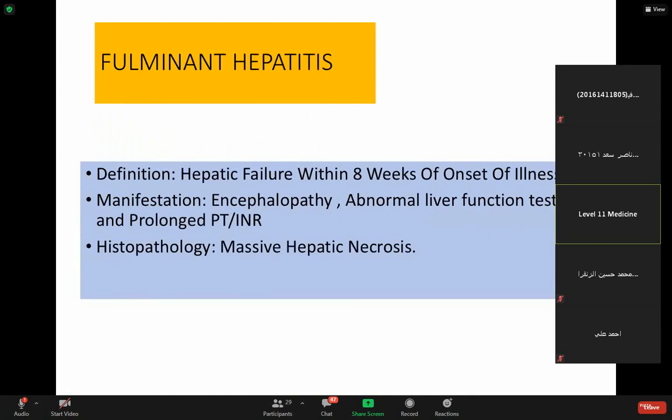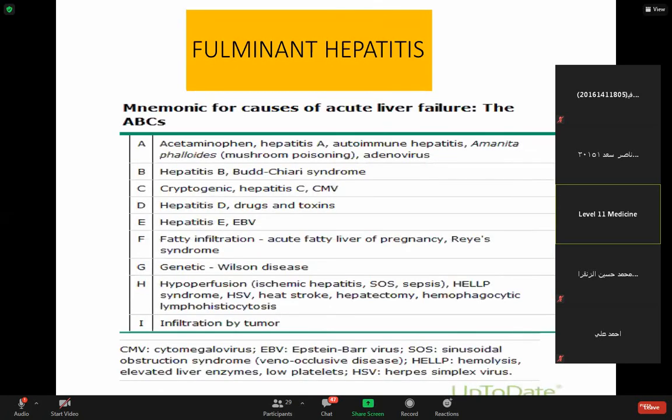It's basically hepatic failure within 8 weeks of onset of illness, okay? So you are moving from acute to fulminant right away. Manifested by encephalopathy, abnormal liver function tests, and prolonged PT and INR. And the histopathology usually will reveal a massive hepatic necrosis.